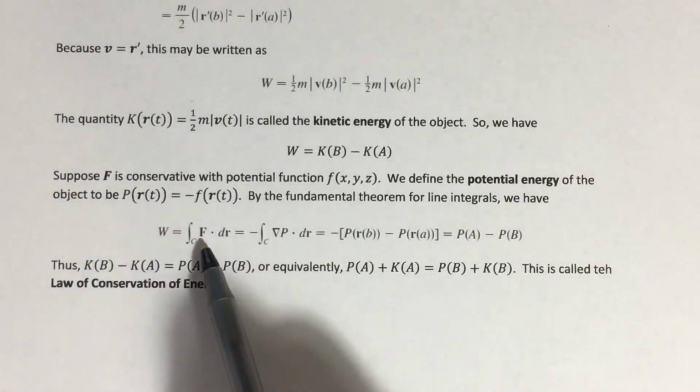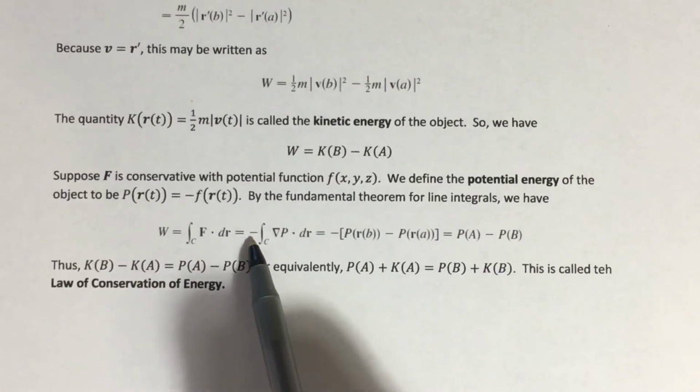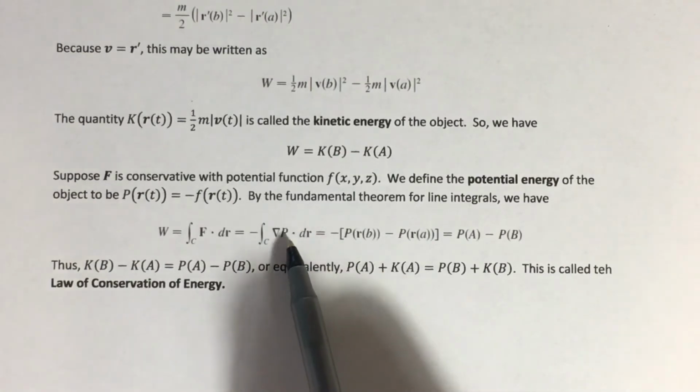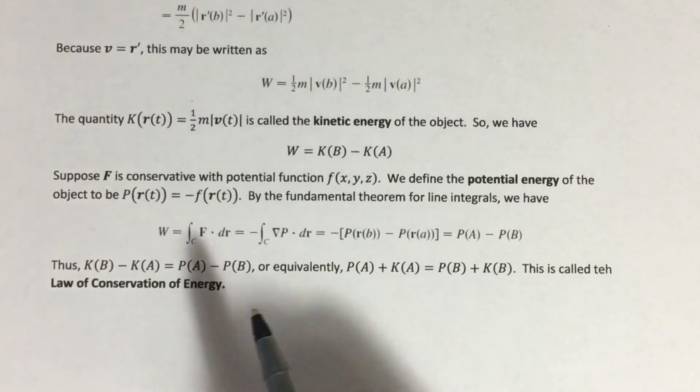They're opposites. So this f right here can be changed into negative del p dot dr. Okay? And remember, p, that's your potential energy function.